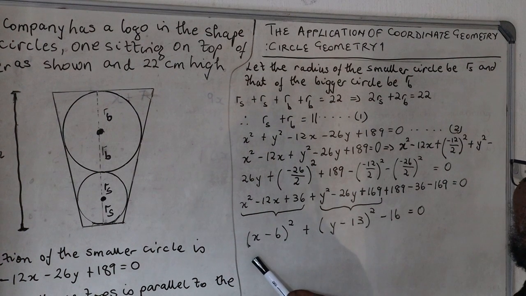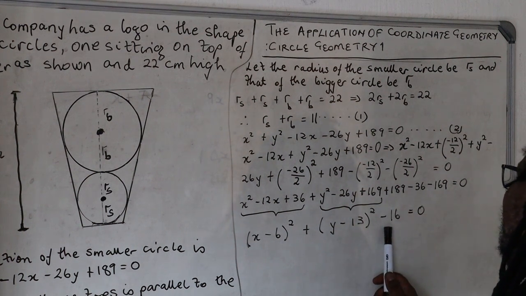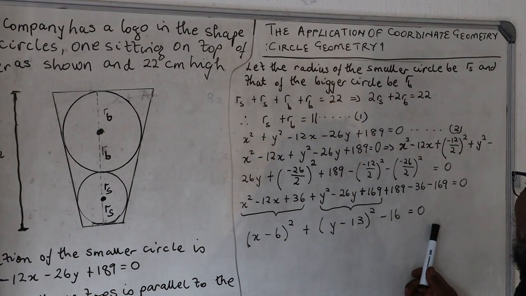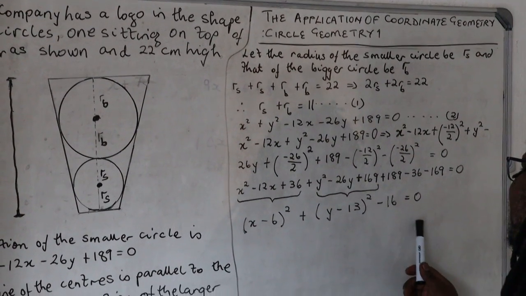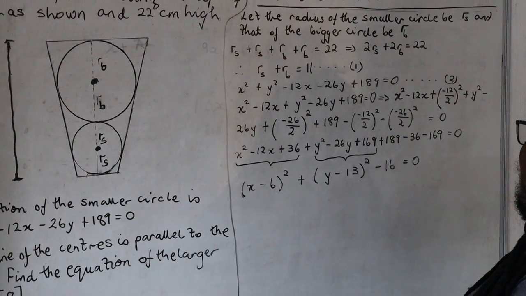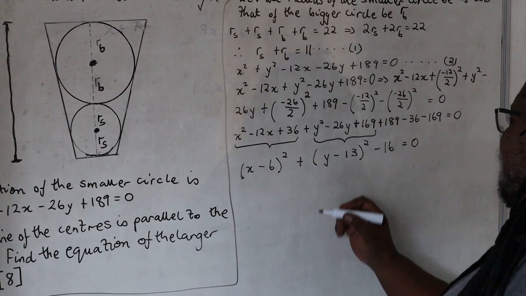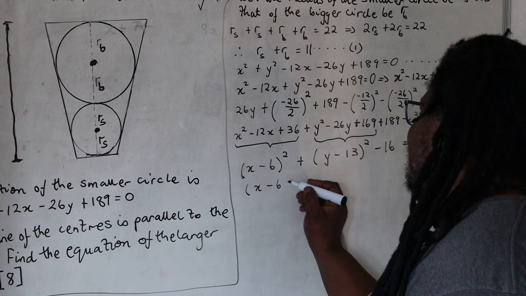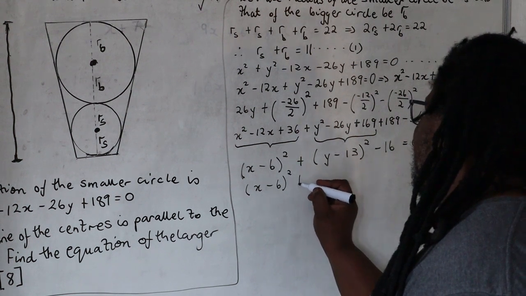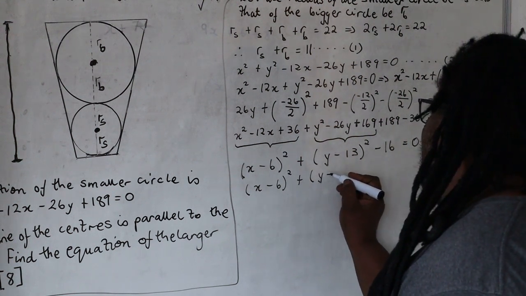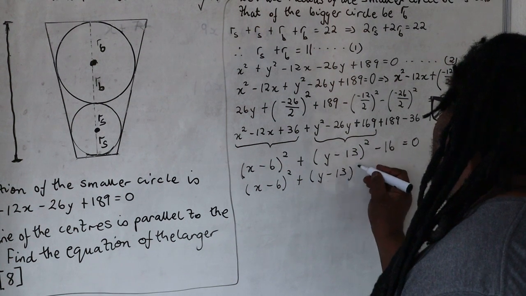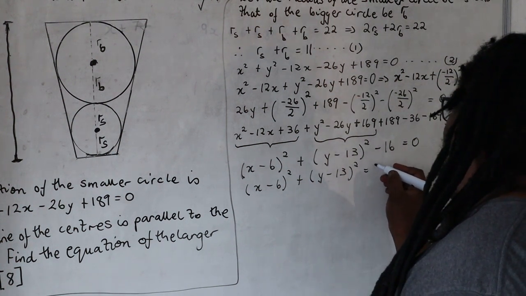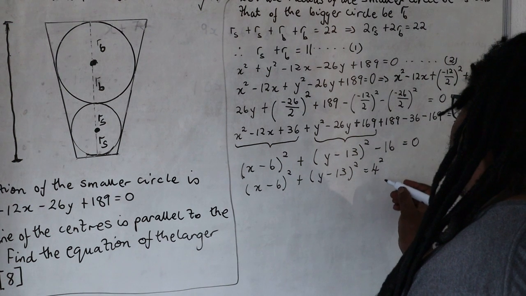So now from there we can take minus 16 to the right hand side, it becomes plus 16, and we can write it as a square of 4. So then we have x minus 6 bracket squared plus y minus 13 bracket squared equals to 4 squared.